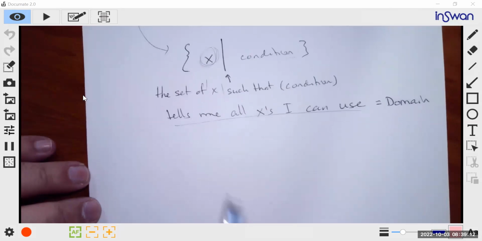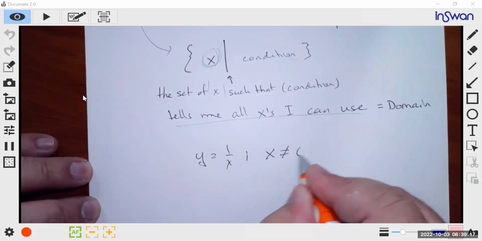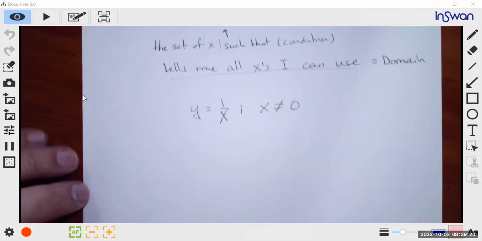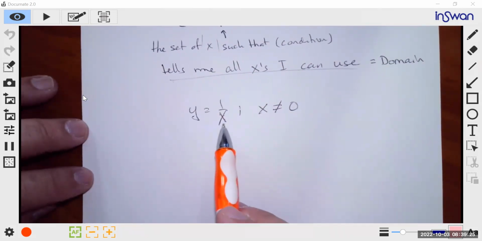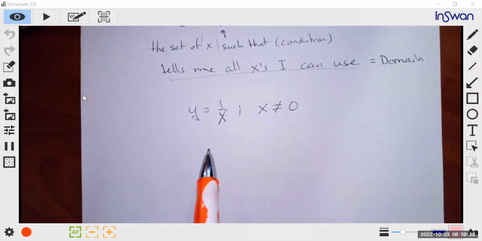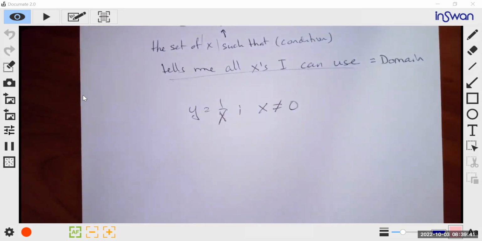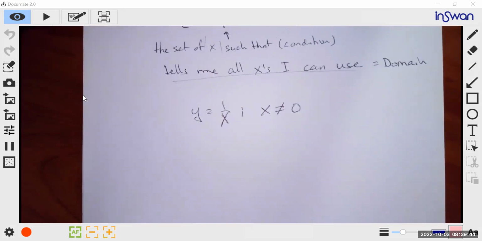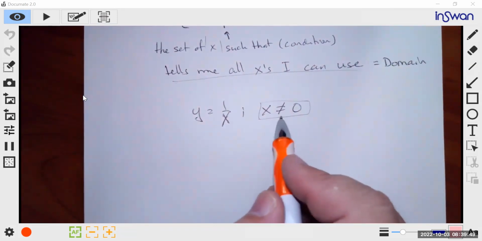So in my math equation up here, how would I put the restriction? What x's can I use in this equation? I can use all x's except. That tells you what you can't use. X cannot equal 0.